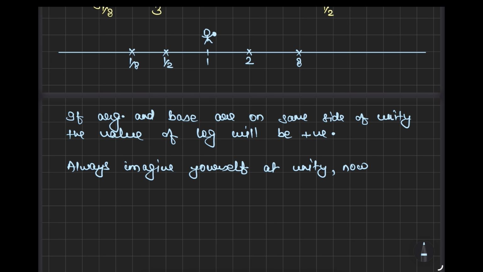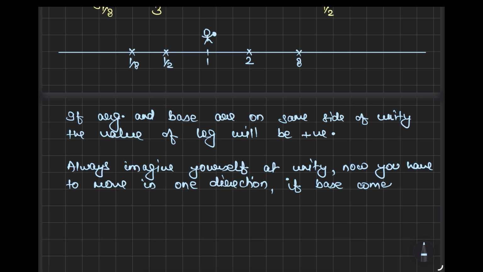Now you have to move in one direction. If the base comes first, the value of the log will be greater than 1.